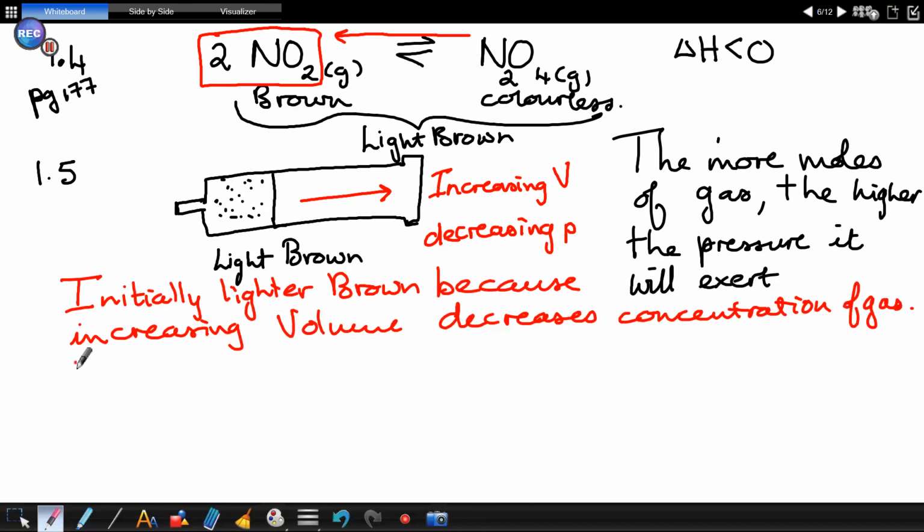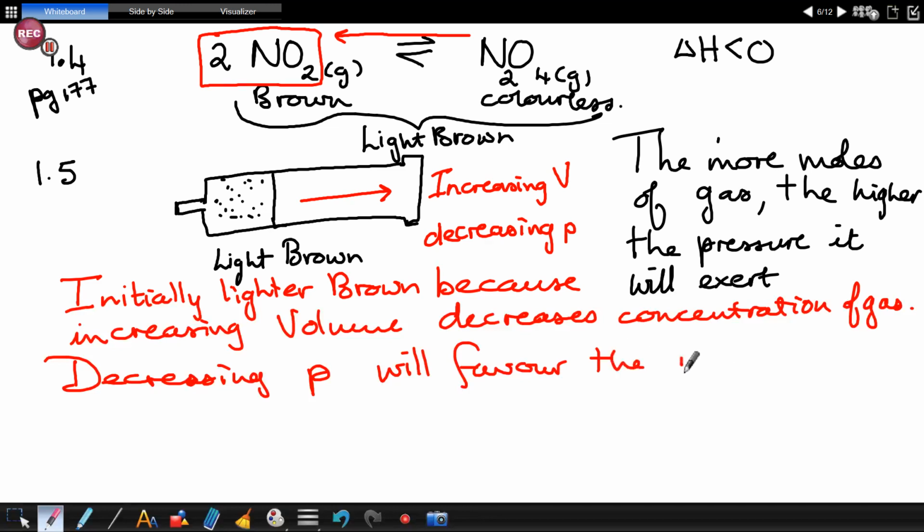So decreasing the pressure will favor the reaction that will make more gas molecules.